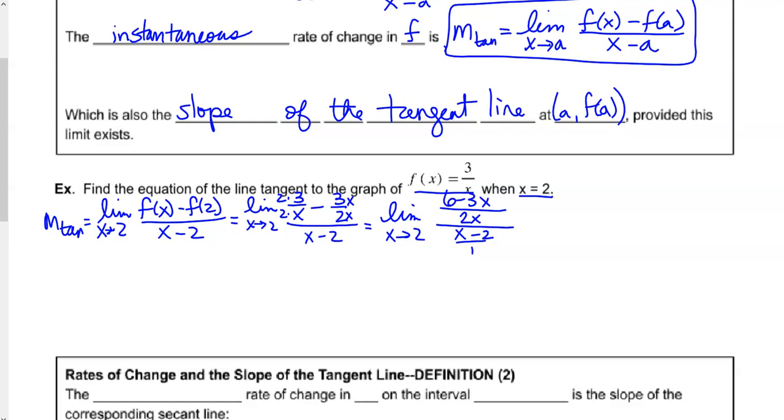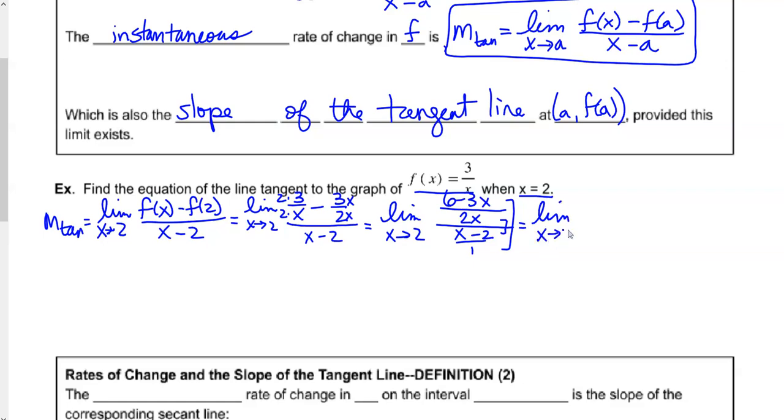Now, this is where you could do one of two things. You can rewrite this and multiply by the reciprocal when dividing two fractions. Or if you are one that knows about extremes over means, you take the product of the extremes over the product of the means, you can do that as well. That's what I'm used to, so that's what I'm going to do.